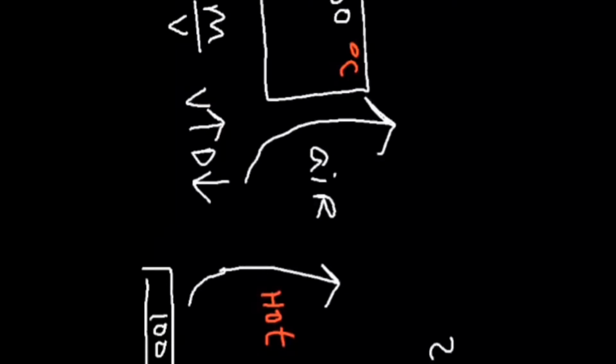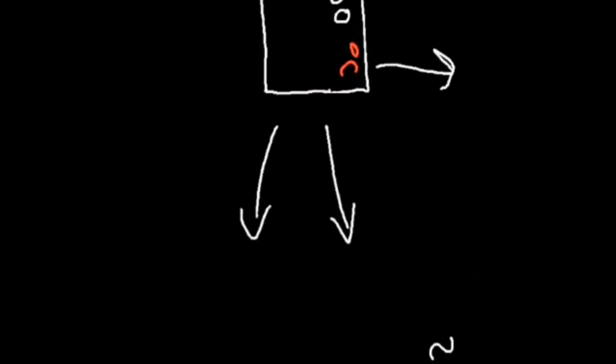Now the last example is radiation. This hot object can radiate heat in all directions. Typically, heat is transferred by infrared radiation, and there's no contact at all.